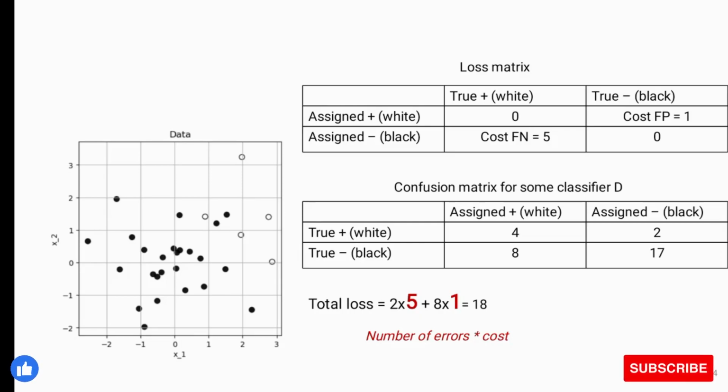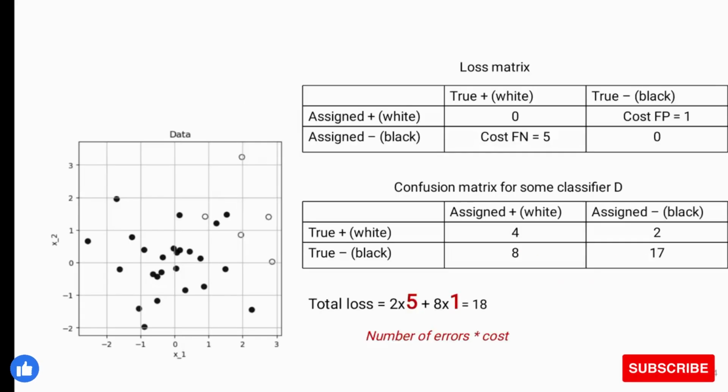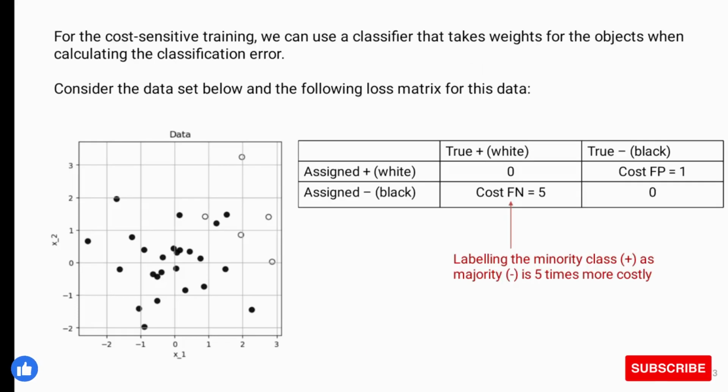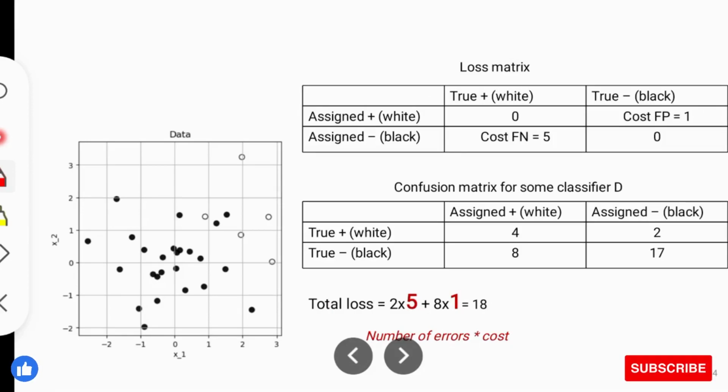Okay? Now what happens when the cost is the same? So instead of being 5, this is 1. What happens? Well, if I say that actually type 1 and type 2 errors are equally costly, they're equally problematic, not that one type is better than the other, what happens?